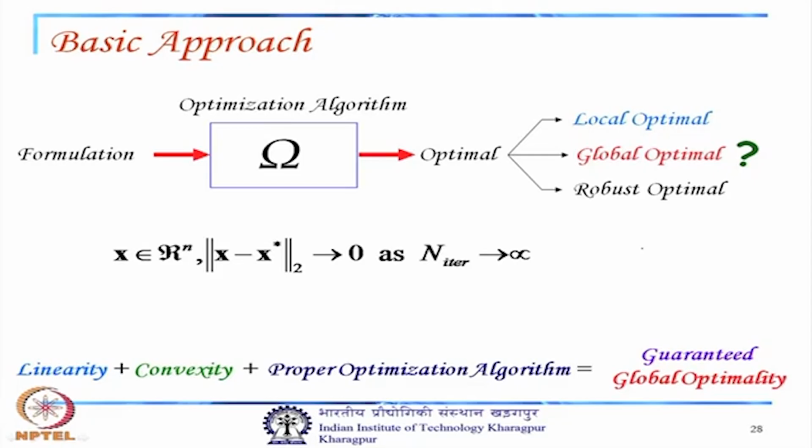So, the basic approach is that we have a formulation, we have an optimization problem, and we can find the optimal solution, either local, global or robust optimal.